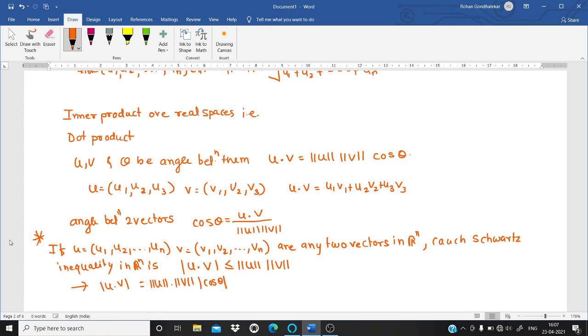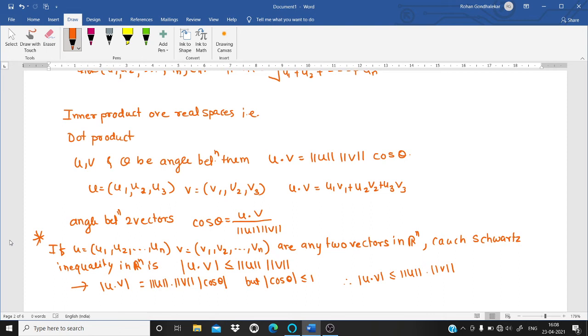But mod of cos theta is less than or equal to 1. Therefore, mod of u dot v is less than or equal to norm u into norm v. So this is a very interesting proof in just 2-3 lines. You can do some problems based on the Cauchy-Schwarz inequality for verification. We will have the discussion immediately.